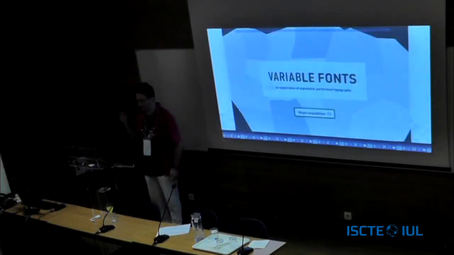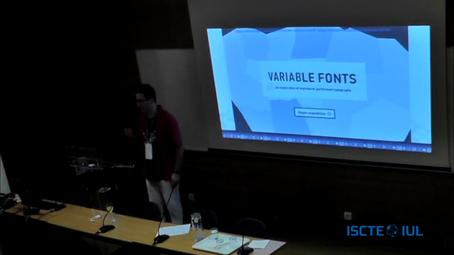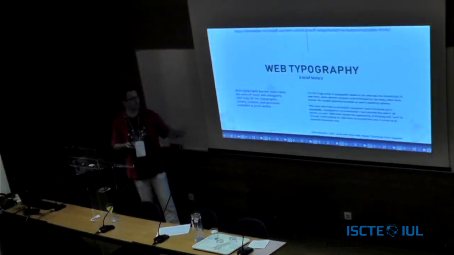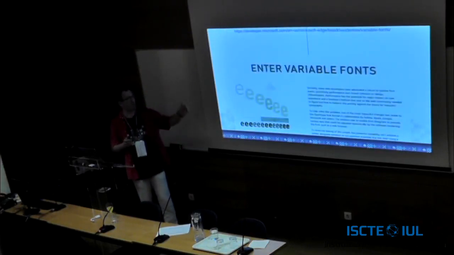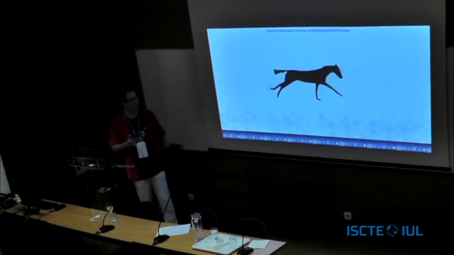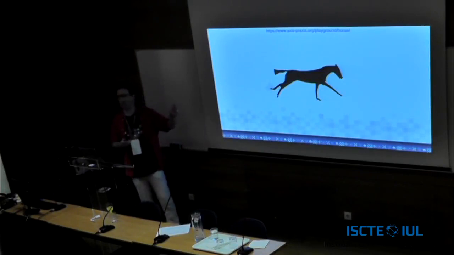And we have more. This is a site created by Microsoft to demonstrate the possibilities of variable fonts. Just look at this small screencast. When I scroll, all the headlines have an animation. And this is not an SVG, these are variable fonts. Also, I have this horse. This horse is a letter in a variable font file.